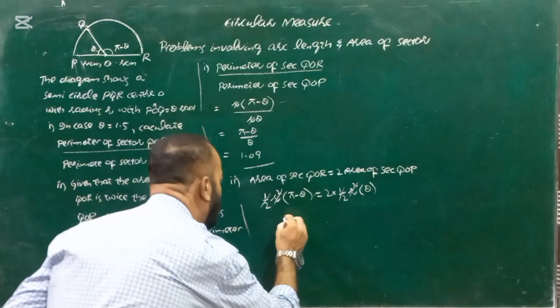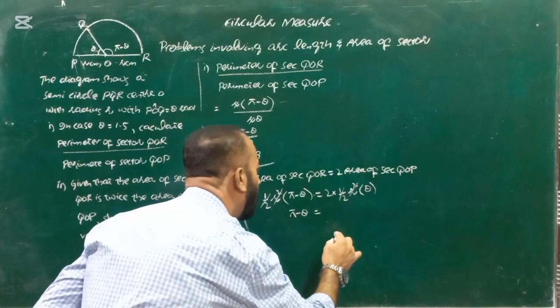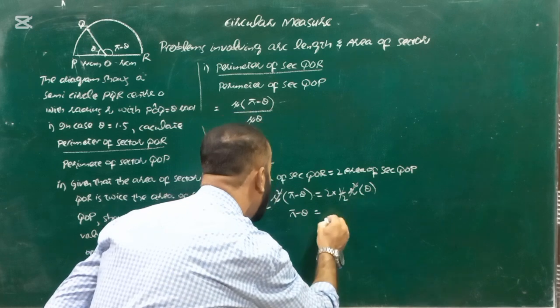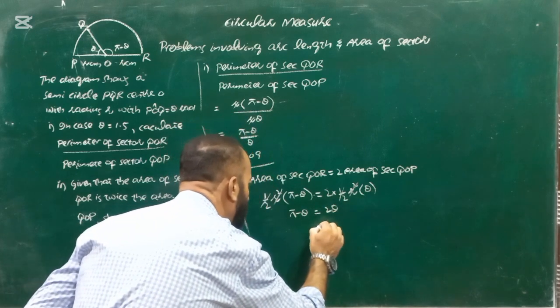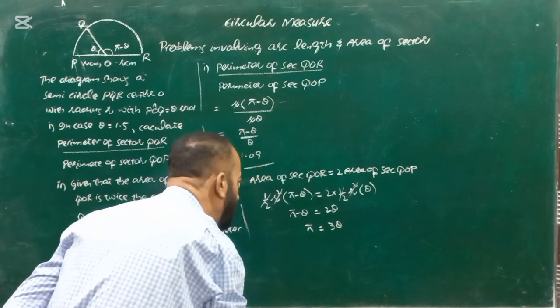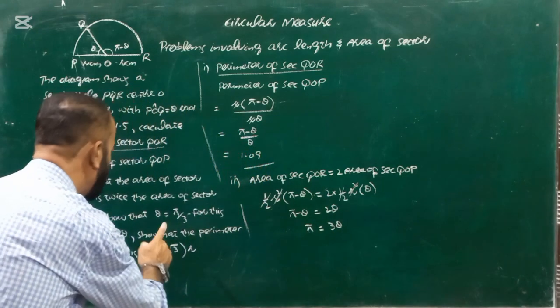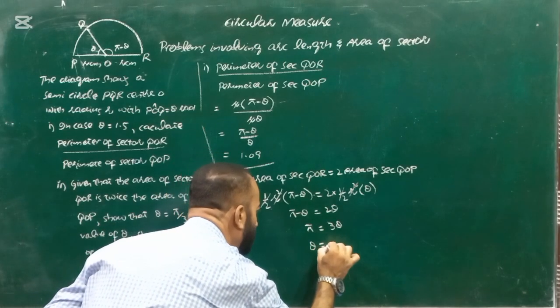So on left hand side, pi minus theta will be left, and on right side 2 theta will be left. So this theta will go to the right side, it will become 3 theta. On left side, pi will be left, and theta will be equal to pi by 3. So this is one thing done.